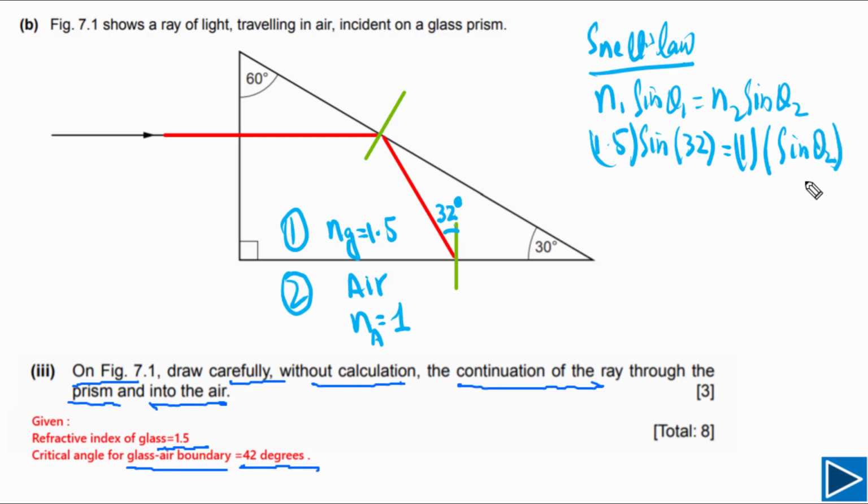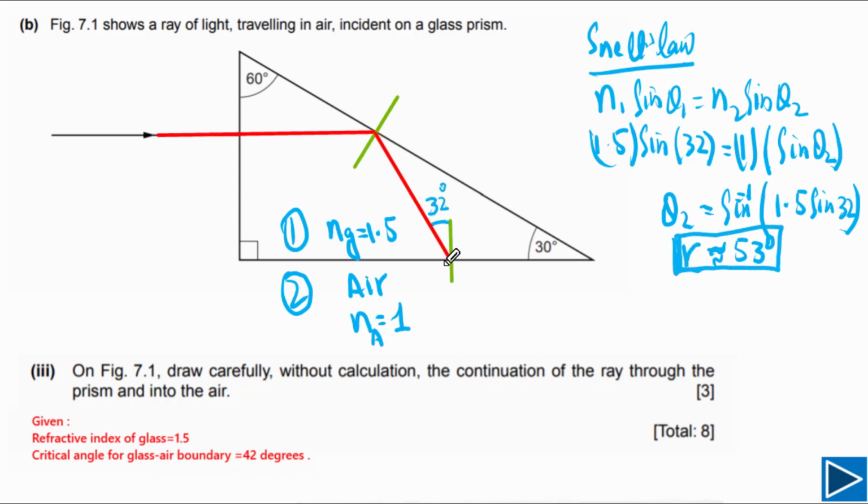We need to find theta 2, which will be equal to sine inverse of 1.5 times sine of 32 degrees. If we do these calculations, our final answer will be approximately 53 degrees.